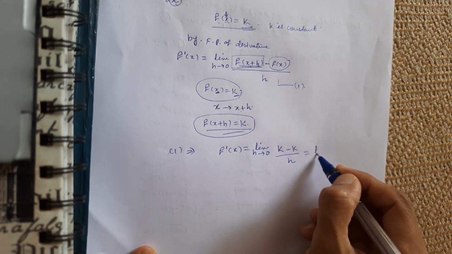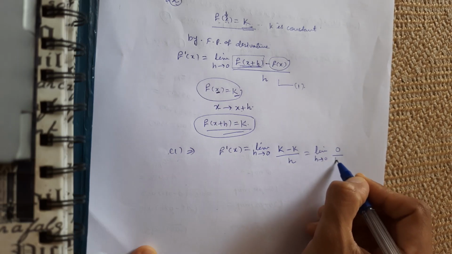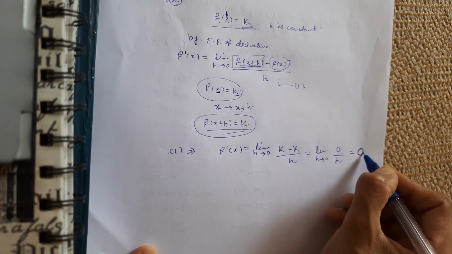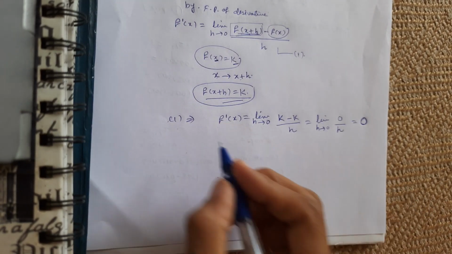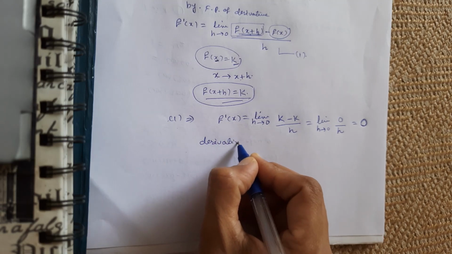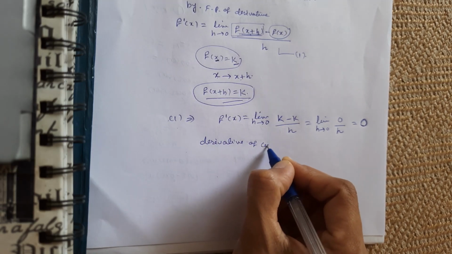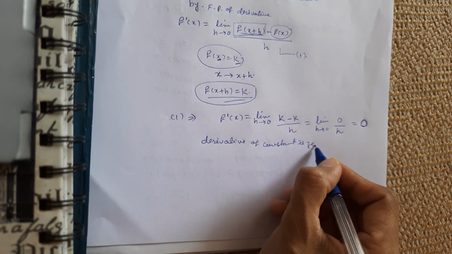K minus k is 0, so limit h tends to 0, 0 upon h, which is 0. Okay, so what I can say from this is that the derivative of a constant is 0.